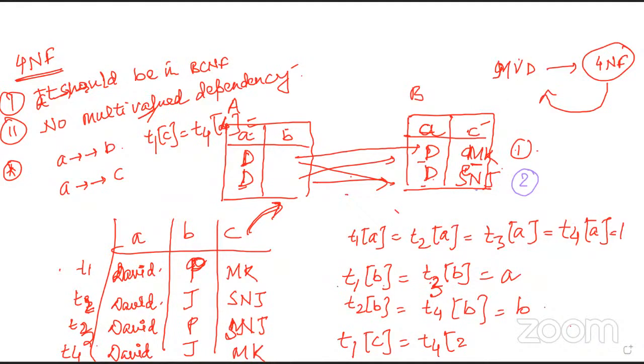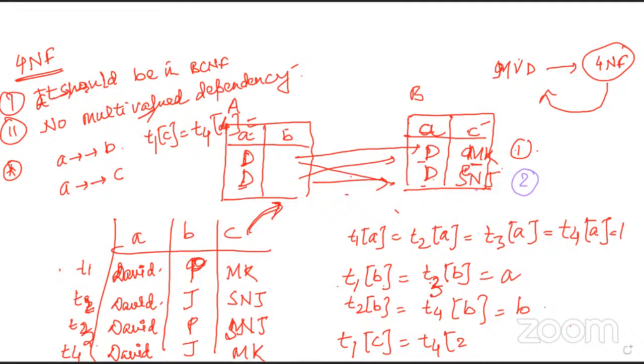Yes, Subhendu, you want to add something? So if you do cross product, then you will get the original table, not natural join.